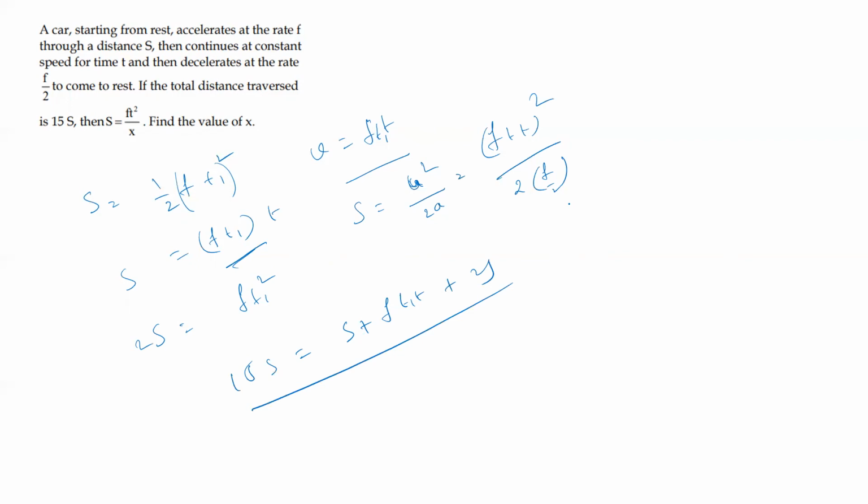You will get s is equal to 1 by 2 f t1, and you need to eliminate t1. In the elimination process you will get 1 by 2 into 36, so this will be 1 by 72. They are asking x, with f t squared as the numerator. F t squared, f t squared. So 72 is the answer.